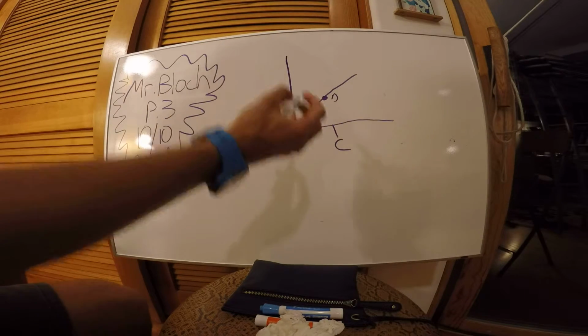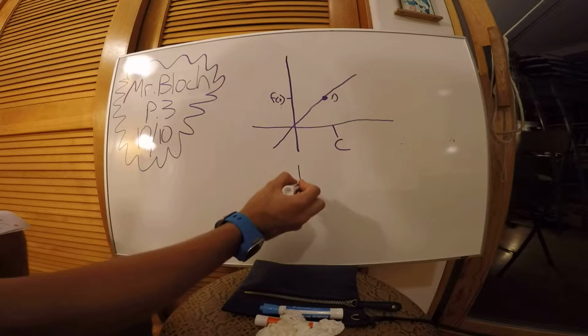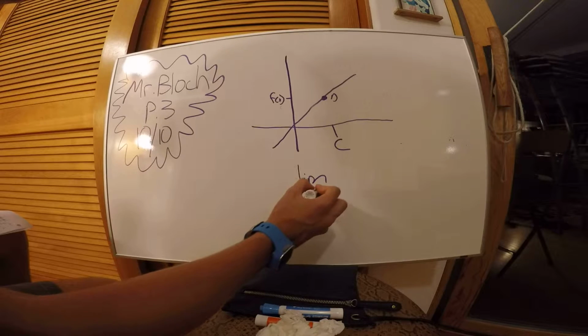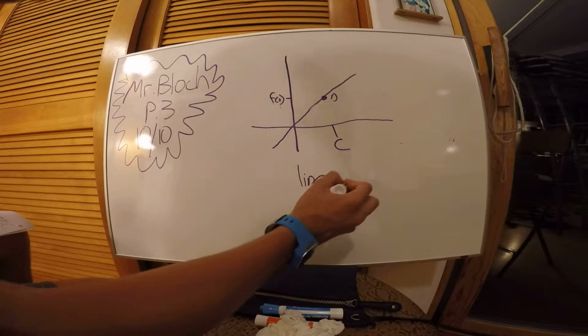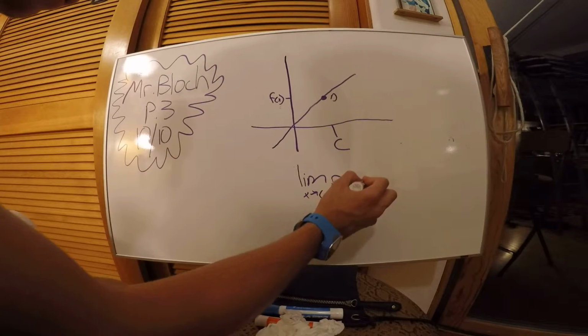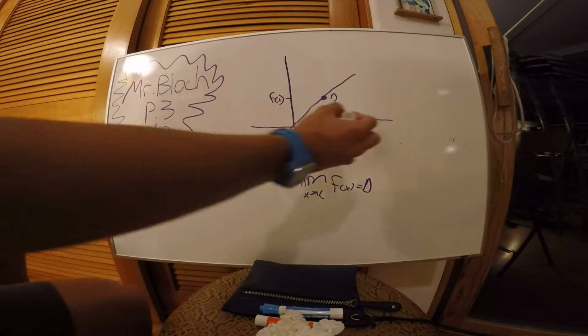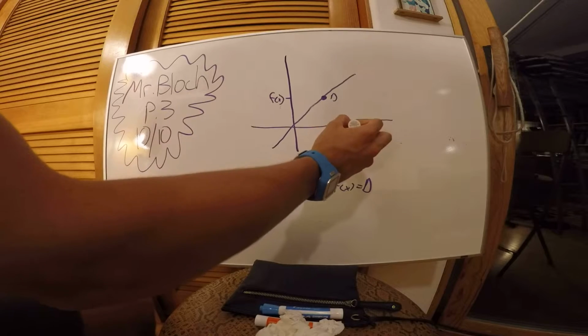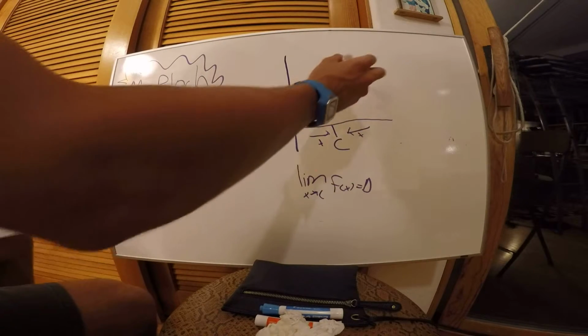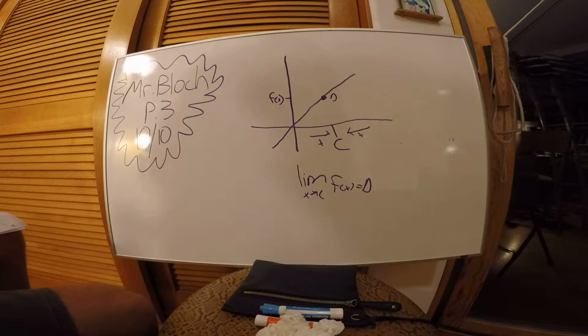So, formally, this would be written out as limit as x approaches c of f of x is equal to d. So, x from the right side going to c, and x from the left side going to c. Boom, boom, d.